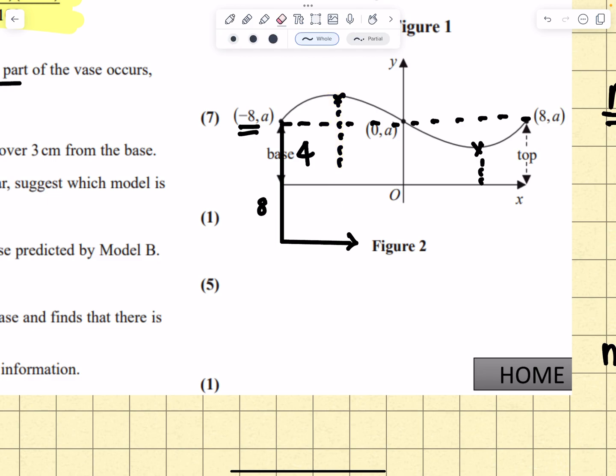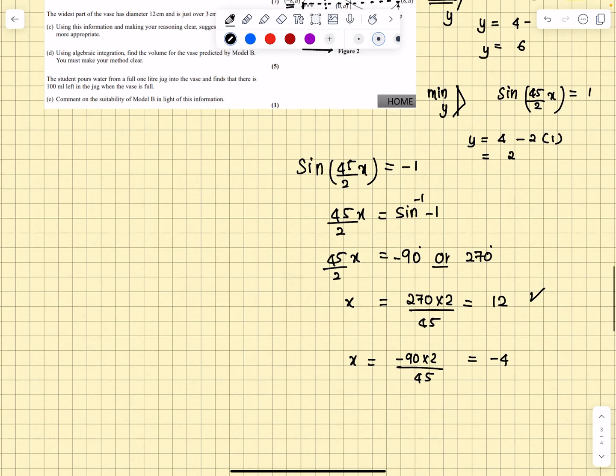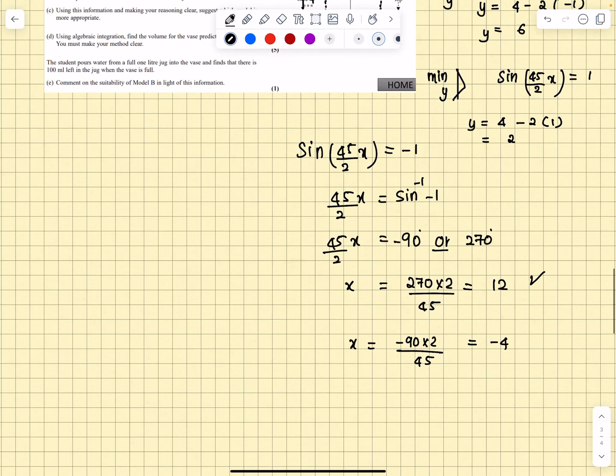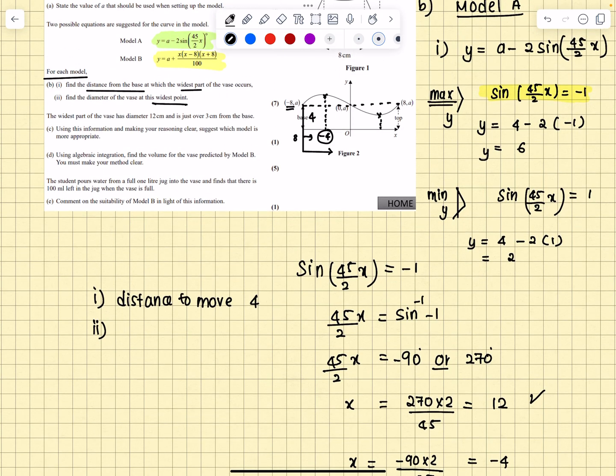Or in other words, we can also say that's minus 4. So it's going to move 4 to the right-hand side from the base to get to minus 4. So the distance to move is 4.